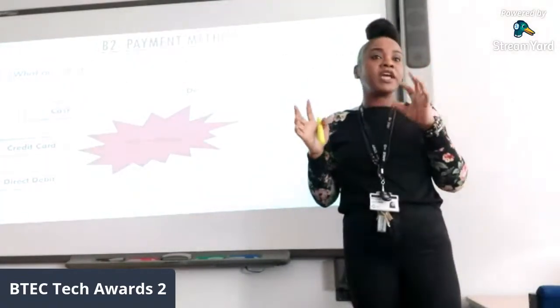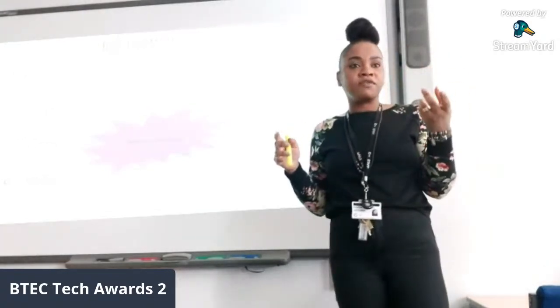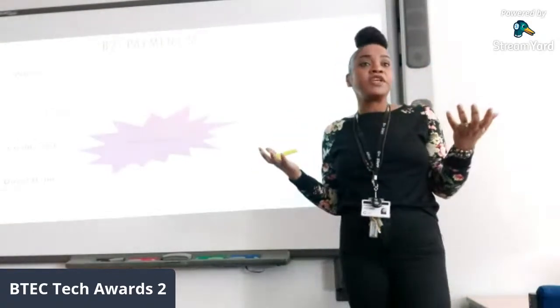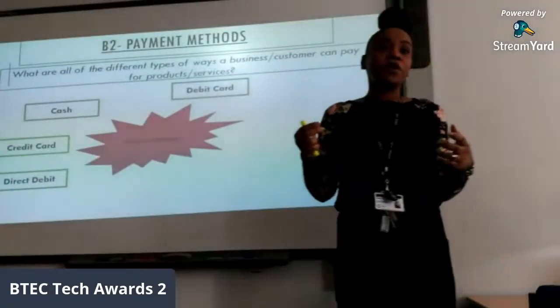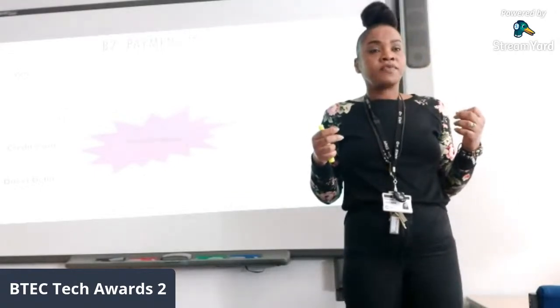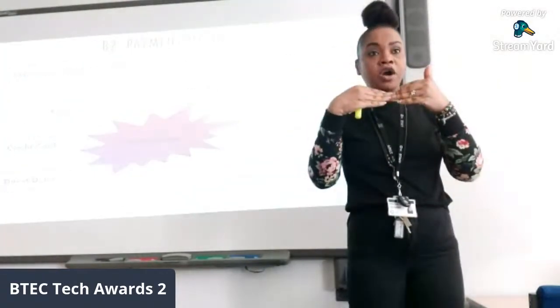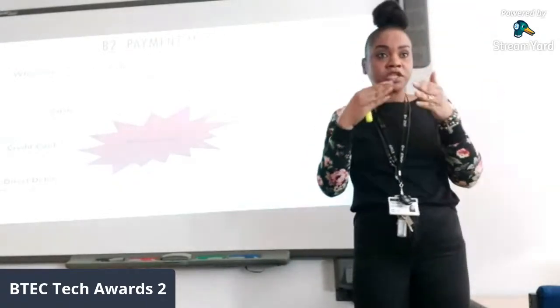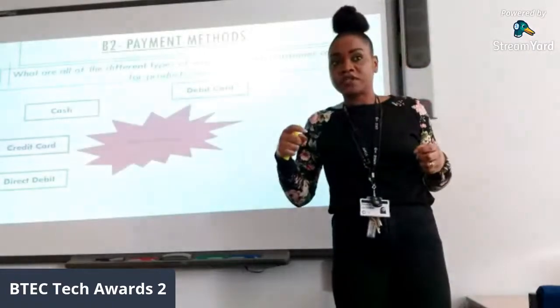In Britain, normally it's monthly, like every 20th or 15th of the month, a particular payment is deducted from your account. Direct debit is not a contract.